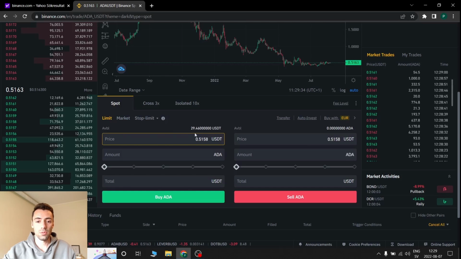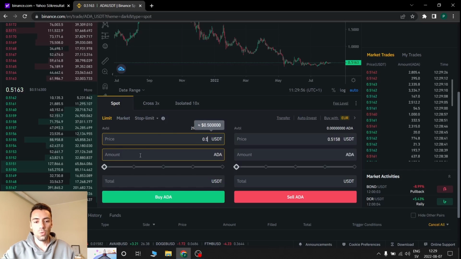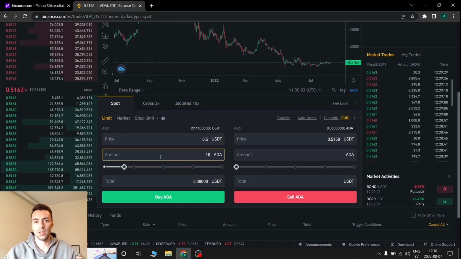So in the limit, for example, here we have available this amount of USDT, $29. The price of the Cardano currently is 51 cents. So for example, you want to say if it goes to 50 cents, which would be 0.5, I want to buy an amount of, for example, how much? 10 Cardano, 10 tokens of ADA or Cardano, and it will be 5 USDT.